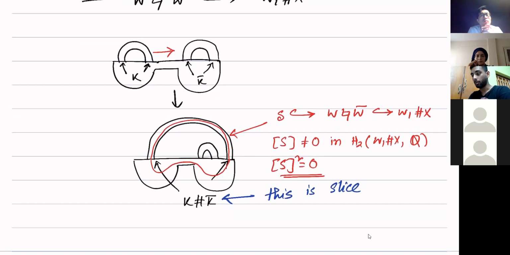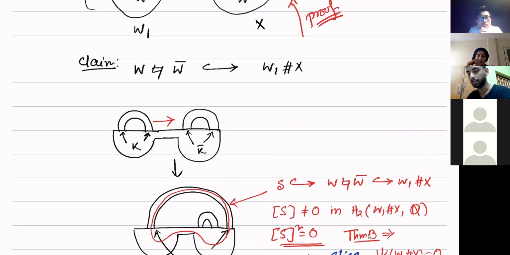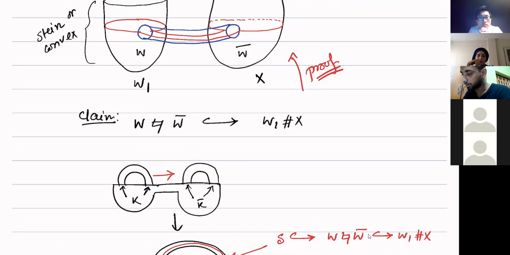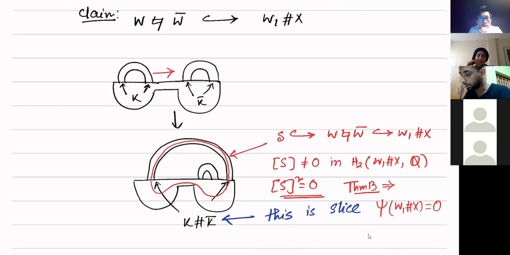So from here, theorem B implies now that this invariant of W1 connected sum X is trivial. But the way we constructed W1 and X, both are symplectic. So this is contradicting theorem A.